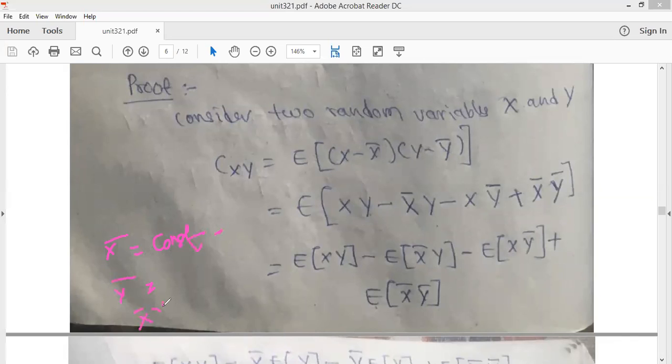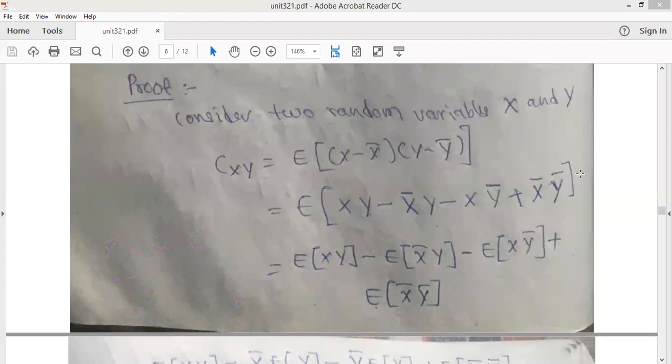So from the properties of expectation, we know that the expected value of some constant a into a variable x, that is a into x, will be equal to a into the expected value of x, since a can be written outside because a is a constant. Here also x bar is constant, so we can write x bar outside, and y bar is also constant, so we can write y bar outside.